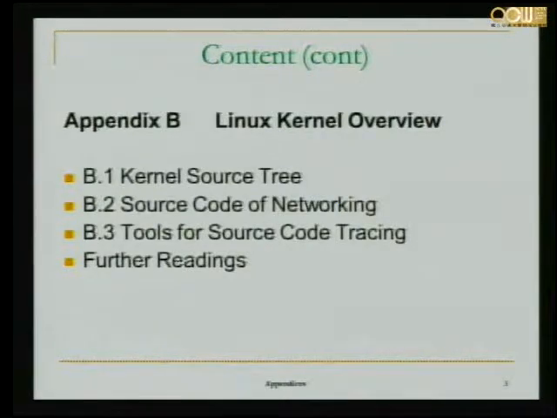So we tell you where they are, which directory, and the major functions for that networking code. And then tools for source code tracing. There's an example, and if you follow the example, you will know how to trace the source code easily. You don't want to print the source code and read it on paper. You want to trace the source code with those kinds of tools.